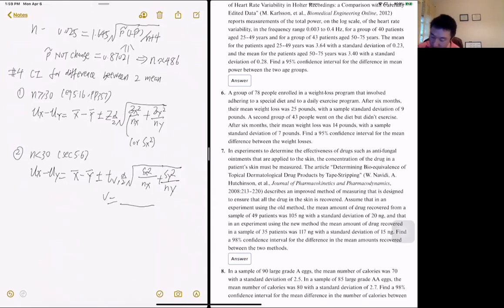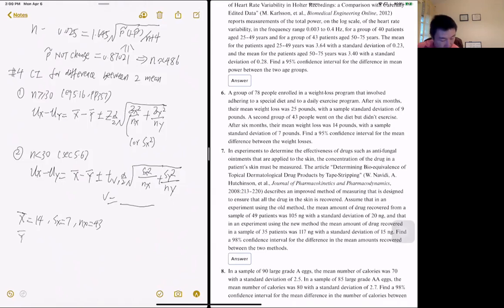Okay, for one of them, the mean value is 14, the sample standard deviation is 7 pounds, and the sample size is 43.